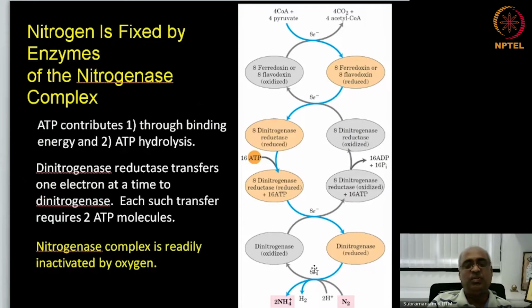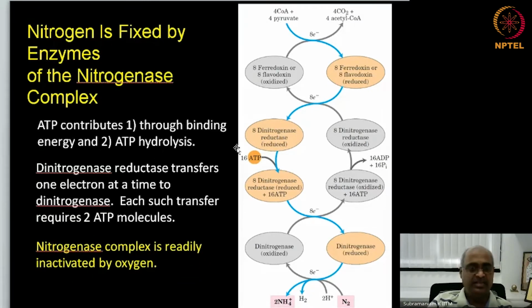This shows the pathway of electrons. Essentially from a donor; the donors vary, and in this particular example from a bacterium it is pyruvate. Pyruvate is the donor of the electrons. The electrons are first transferred to the ferredoxin. From the reduced ferredoxin, this dinitrogenase reductase takes up the electrons and becomes reduced.